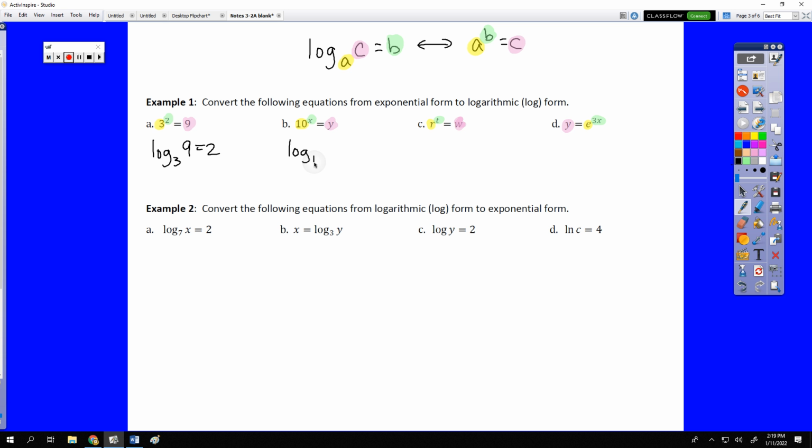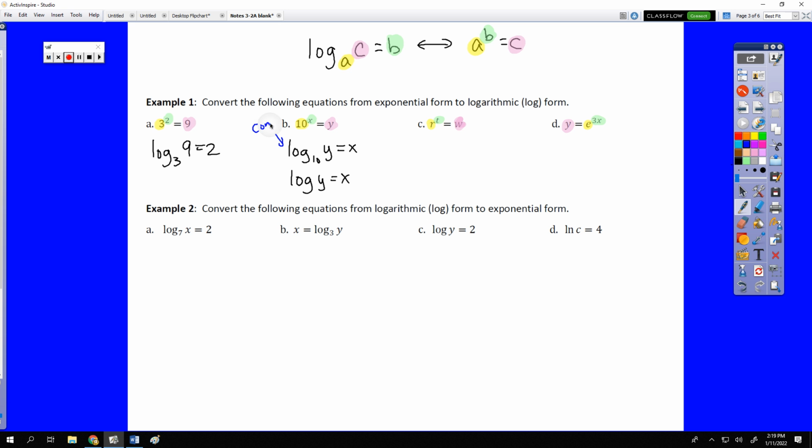Log base 10 of y equals x. And by the way, there's a couple details we're going to go over in a minute here, and we'll go over it now. Log base 10 is known as a common logarithm, so we don't need to write base 10. If it's base 10, that's just log.